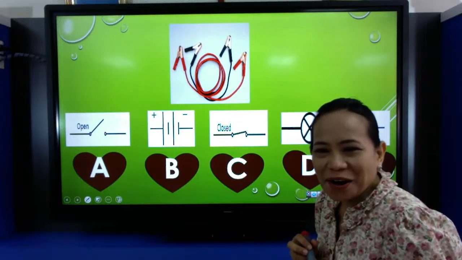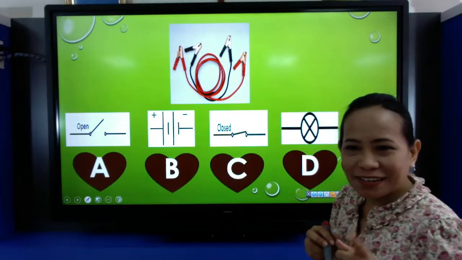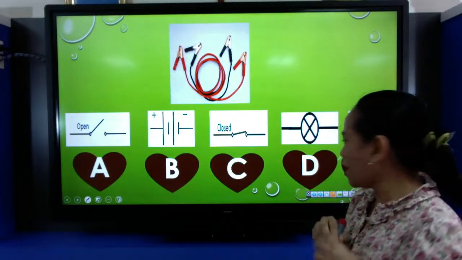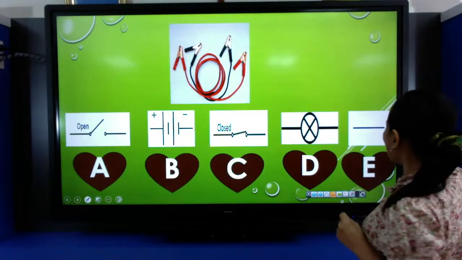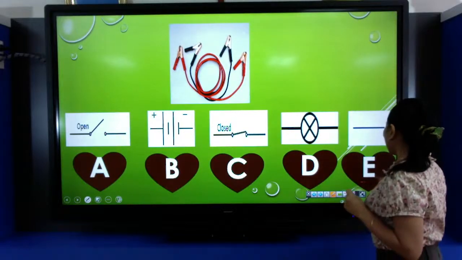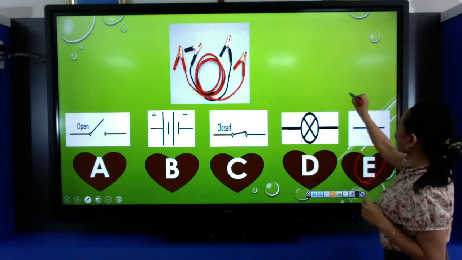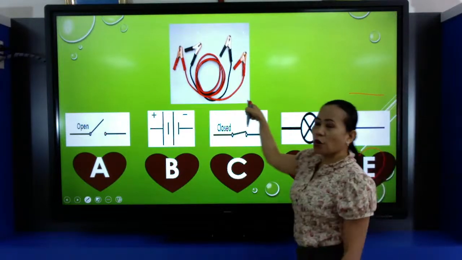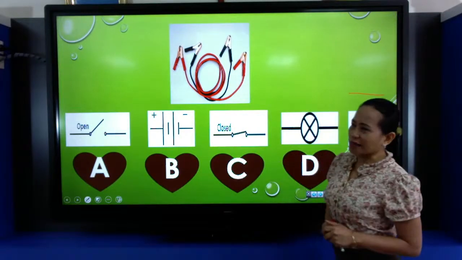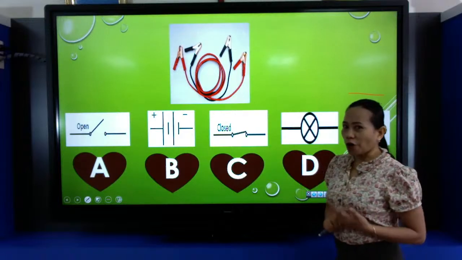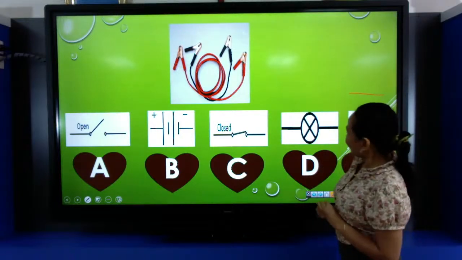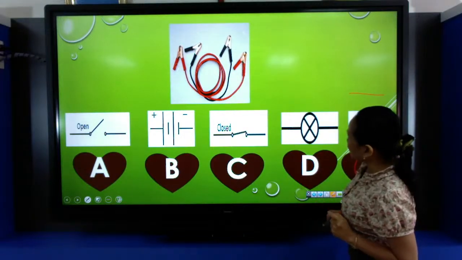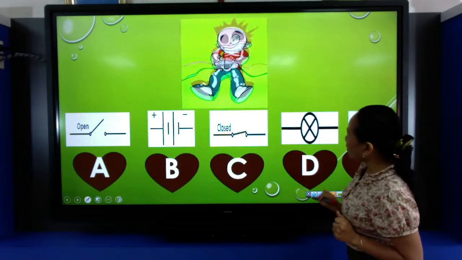Number 20, the answer is letter E. Very good. Letter E is the correct answer. It's as simple as a horizontal line only. This is connecting wires. Sometimes they call them crocodile wires.